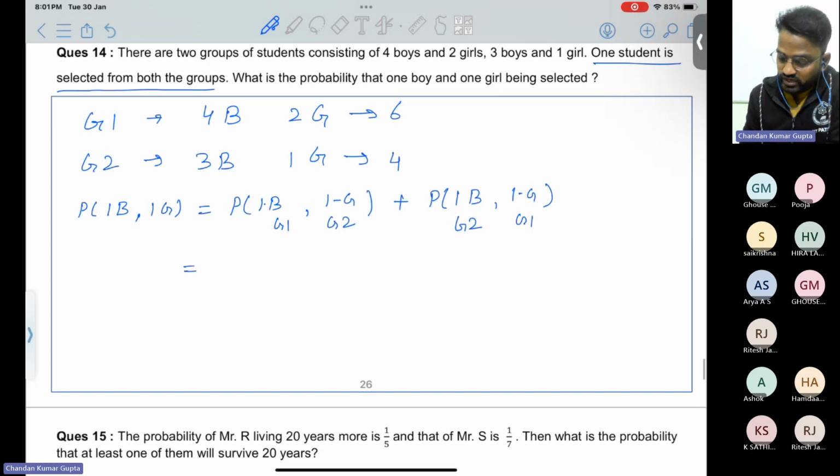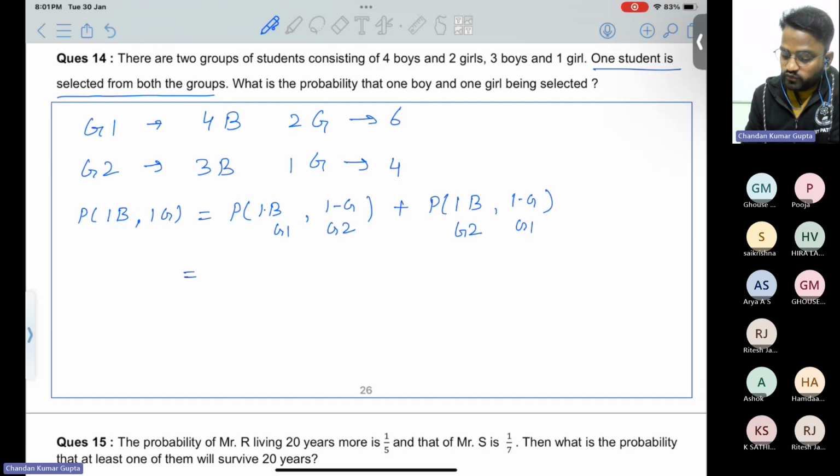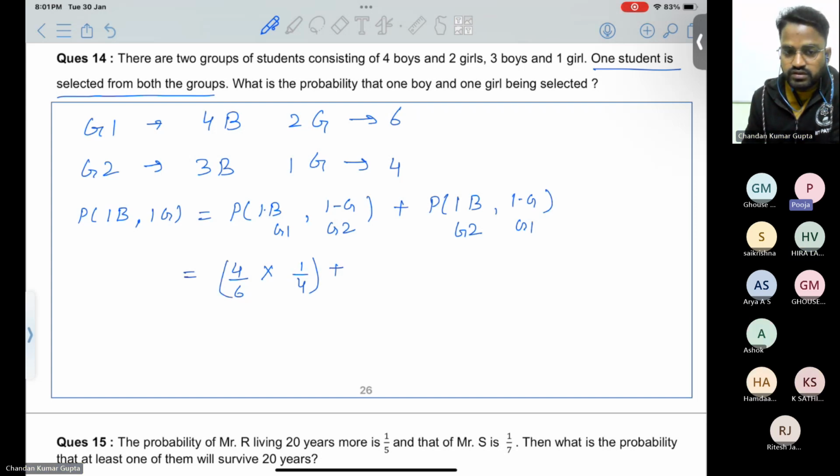Let's see. Selecting a boy from group 1, what are the possibilities? There are 4 boys and the total number of students is 6. So 4 by 6 multiplied by 1 girl from group 2, it's 1 by 4.